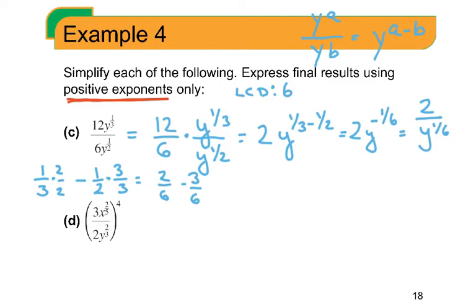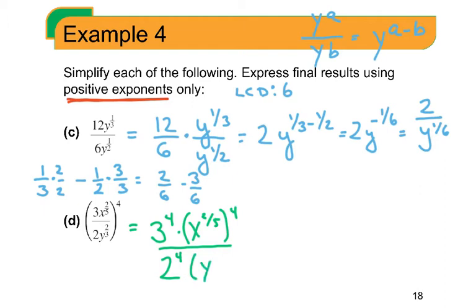Okay, last one. This, oh gosh, what do we want to do first? Well, I think we're just going to give everybody the exponent of 4. That's how this rule works. This 4 is applied to every single term in there. 3 to the 4th power is 81.